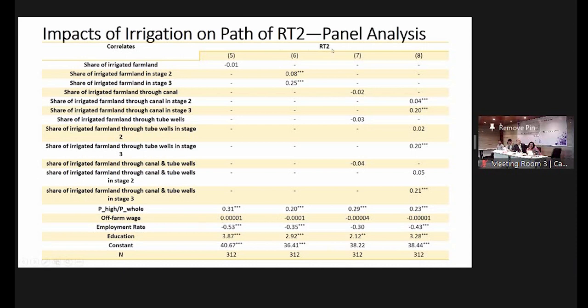there. In these models, again, when we consider the stages, we see a very significant relationship: when irrigation facilities improve, farmers have enough resources and opportunities to also take up the off-farm sector along with farming. So they also shift from farm to off-farm employment in order to gain more benefits from rural transformation.